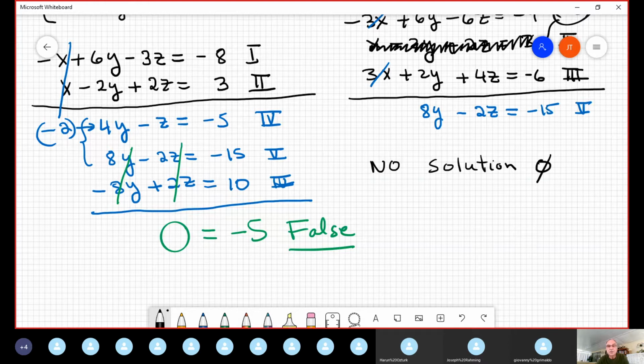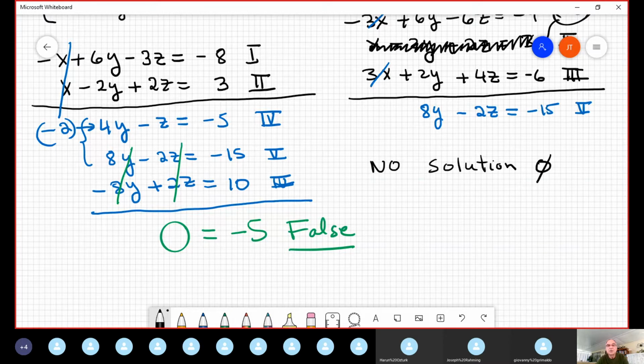Suppose this example. Okay, there you go. Okay, super. Let me try to switch into GeoGebra.